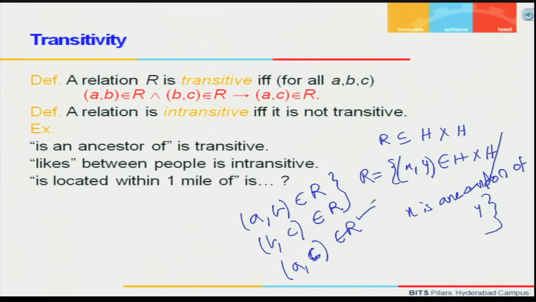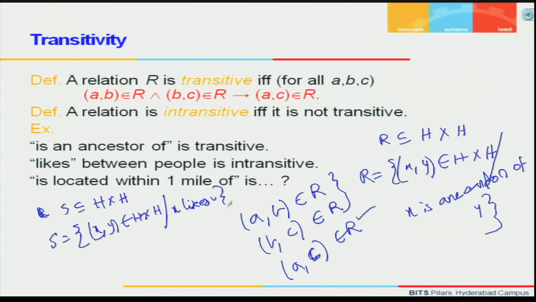And say, on the same domain, say I define a relation S on H cross H, again on the human beings, and I define S like this: x comma y in H cross H such that x likes y.